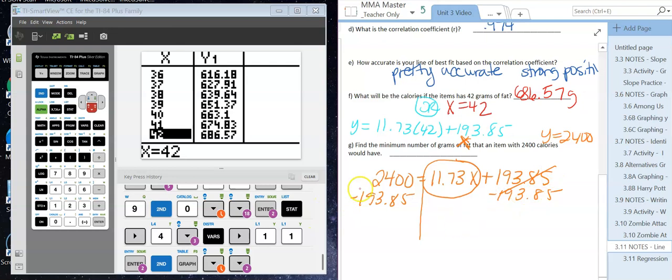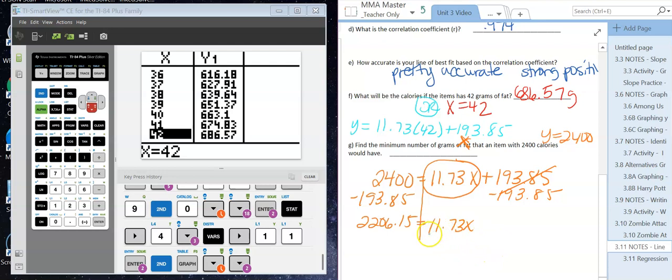So that leaves us with 2206.15 equals 11.73x, and you guys have solved a lot of equations. Now, I have 11.73x. When the numbers and the letters are right next to each other, okay, what are they doing?